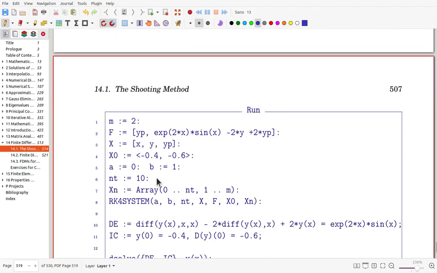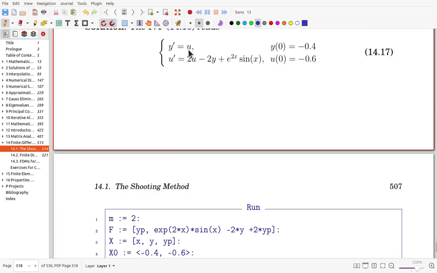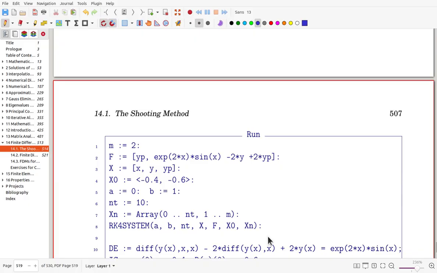For that one, rather than u, here the variable is yp, and look over there. That is yp, y prime, and then this one is that one. Okay. And x, y, yp.